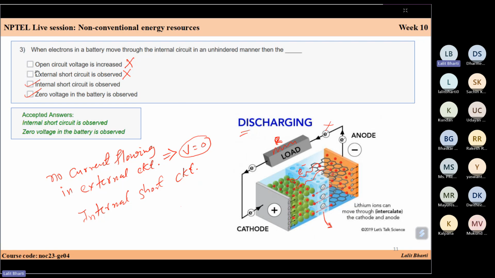Our options: open circuit voltage is increased. Clearly it will not increase, because if you short circuit a battery, you will not get any OCV, or your open circuit voltage will be 0. Then, external short circuit is observed. That is also incorrect, because external short circuit occurs when you have no load and you directly connect your cathode to anode.